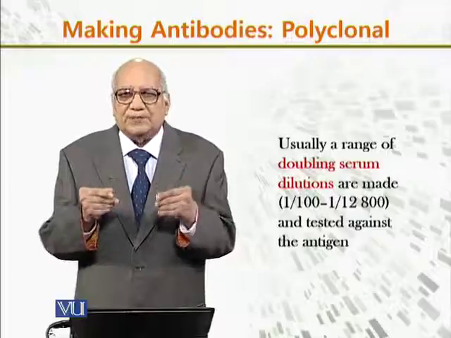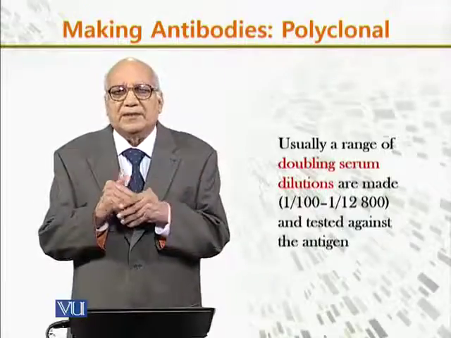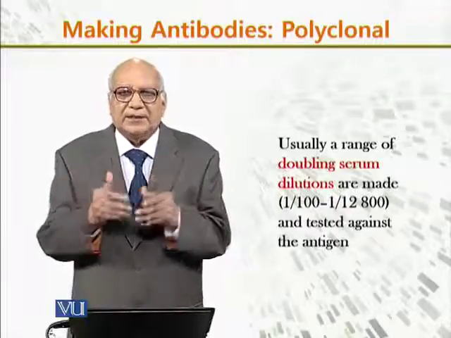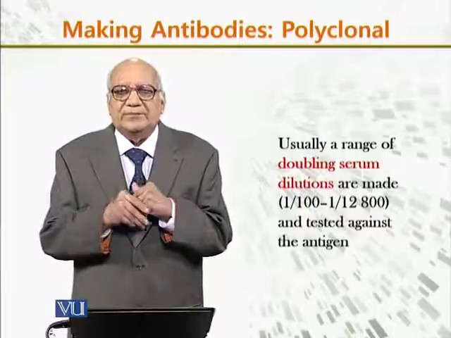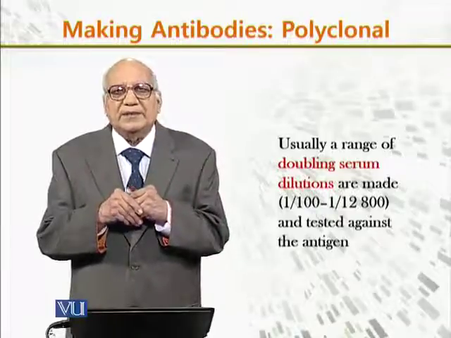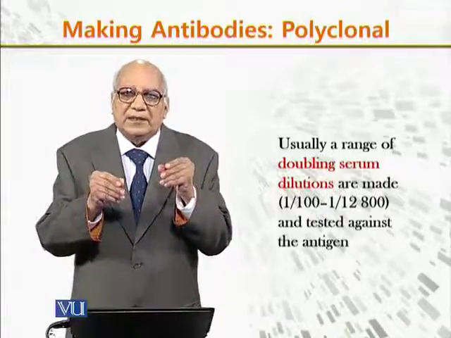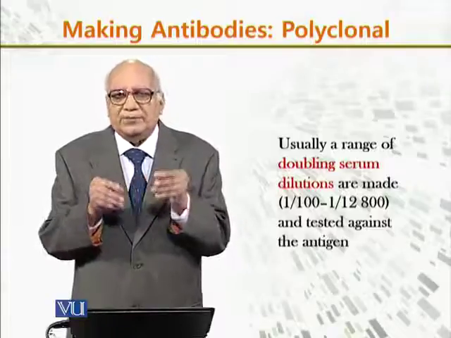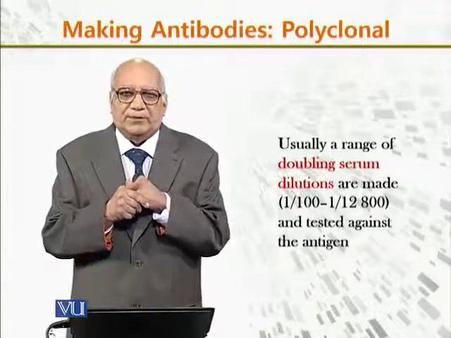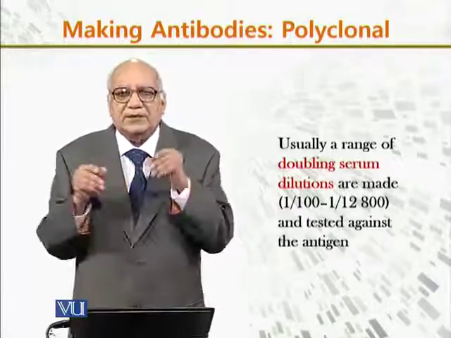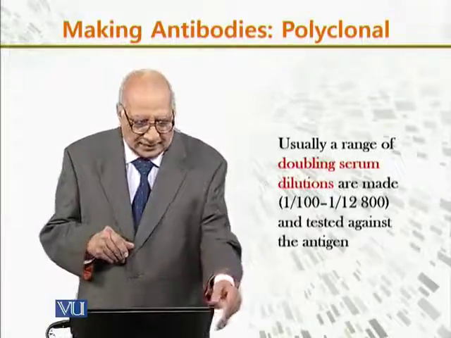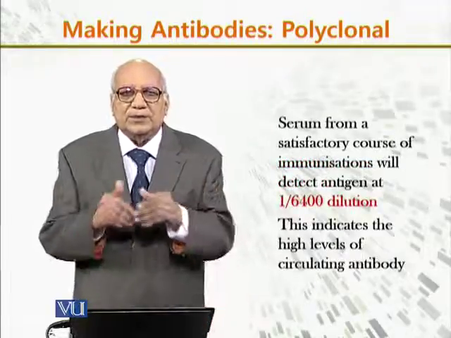When we are using the antibodies, their concentration is determined, and a range of doubling serum dilutions is made: a 1 in 100 dilution, or further diluted to 1 in 800, 1 in 12,800, which is extremely diluted, and again tested against the antigen to which we are using it.